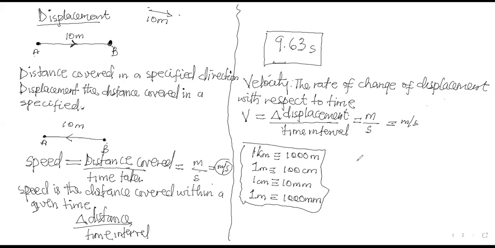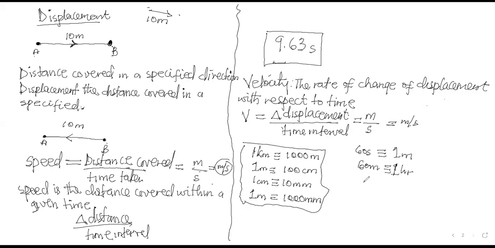Then for time, we know 60 seconds is equivalent to what? Class, 60 seconds is equivalent to 1 minute. Then 60 minutes is equivalent to 1 hour.